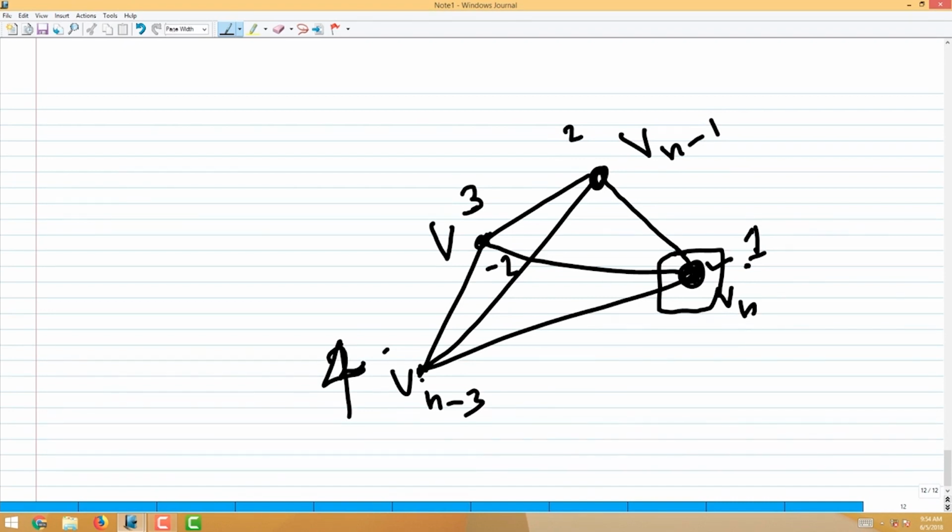Because usually when you do a greedy coloring, this is not true. You just give a color to a vertex and give another color to the ith vertex. When you look at the neighborhood, you see certain colors and you give this vertex the minimum available color. Sometimes all the already used colors are appearing in the neighborhood.